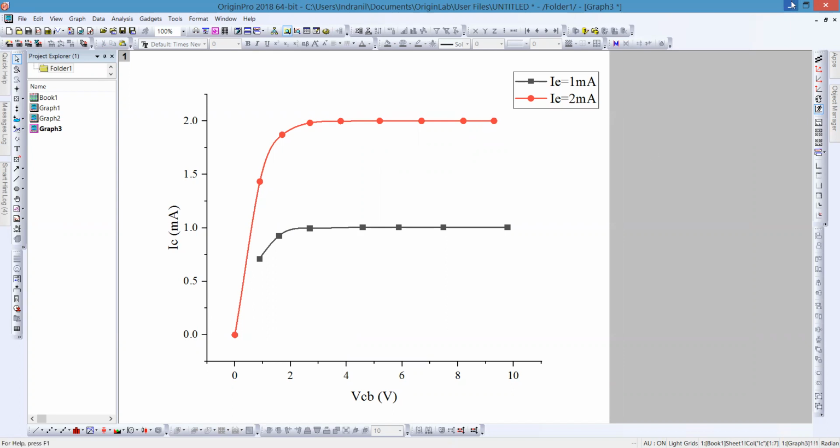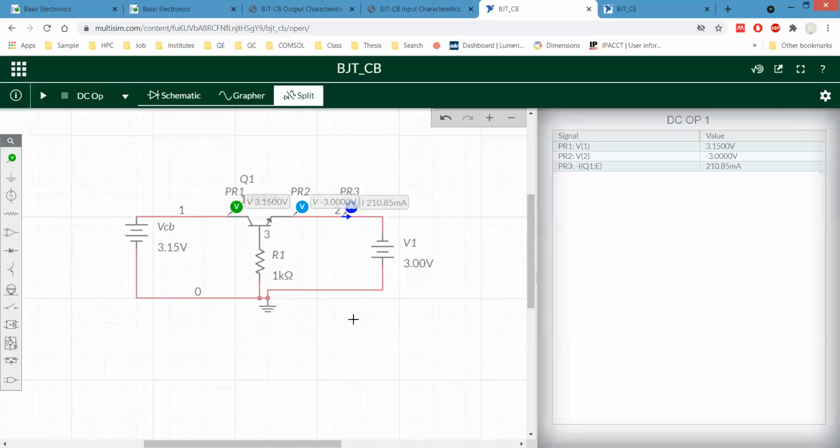Okay. So do you have any query? I think we can simulate this over here. For that, what do we have to measure?